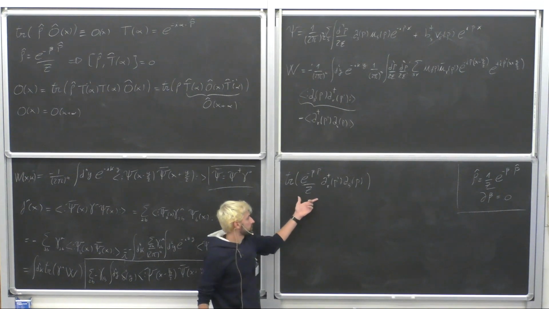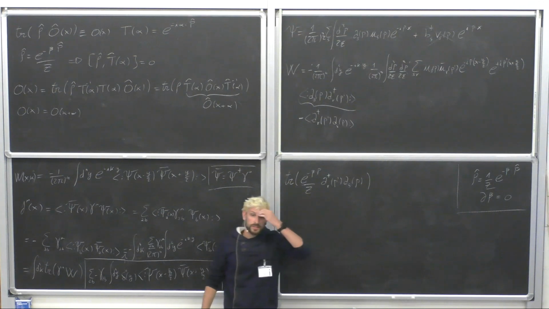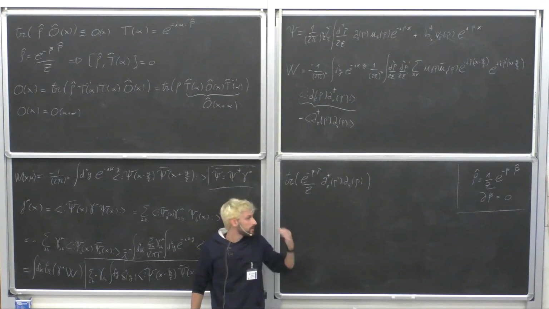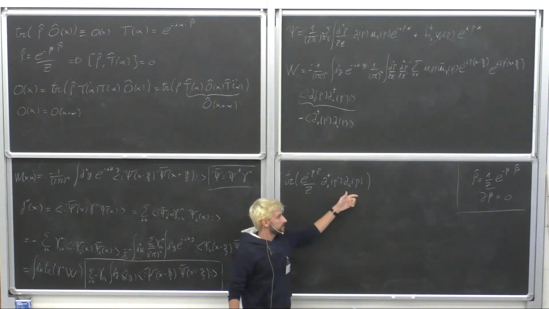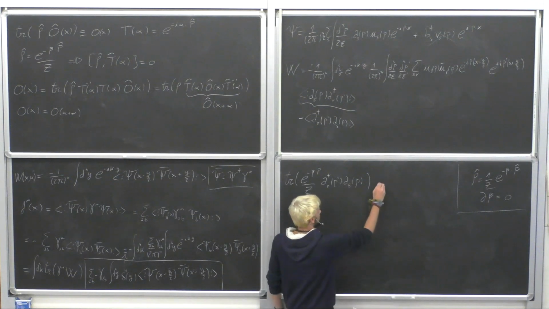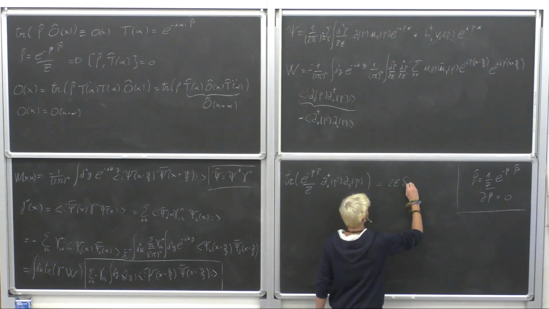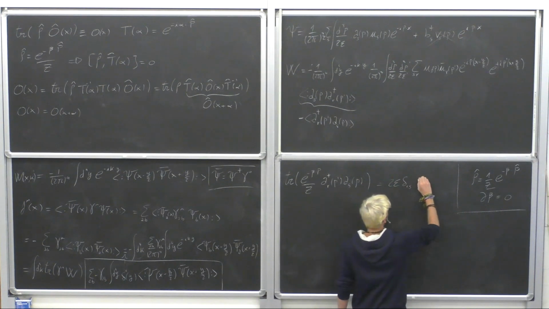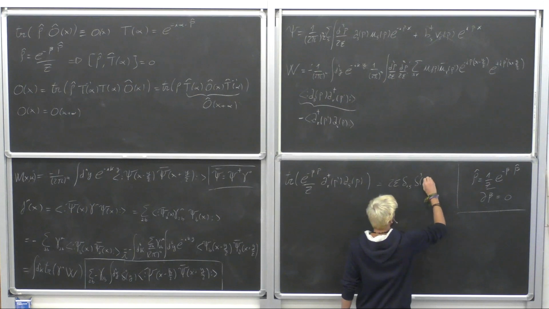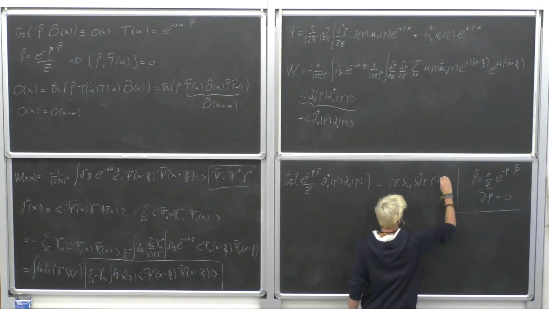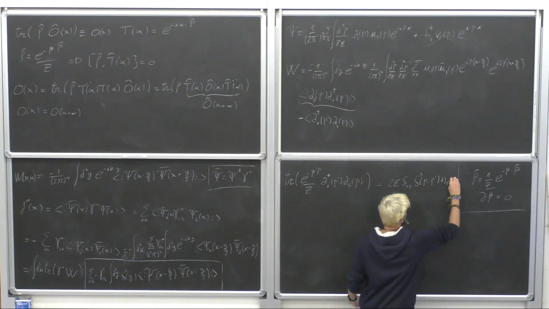I think Francesco did this for the Bose gas today in class, and he basically told you the result. For the Dirac case, this is just this thing here, p minus p prime, and then we have the Fermi distribution.